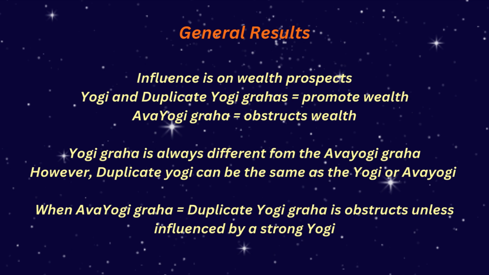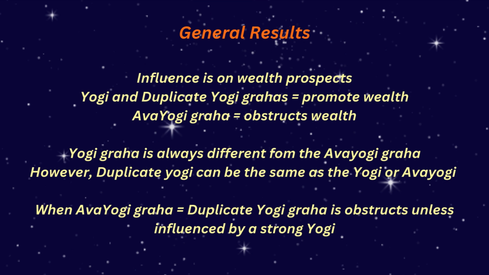An important structural point: the Yogi Graha will always be different from the Avayogi Graha. That's because we know the Avayogi is counted 6 positions away from the Yogi in the Vimshottari Dasha sequence, and each planet appears only once in that order. However, the duplicate Yogi Graha can be the same as the Yogi or the Avayogi.